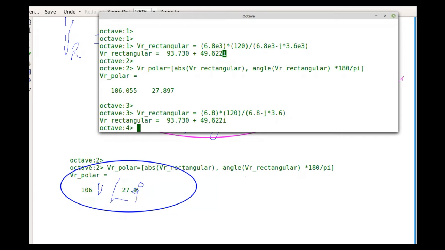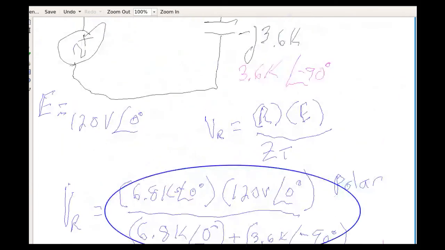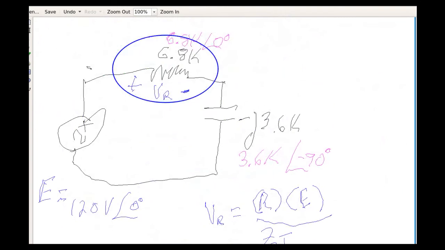Yes. Okay. That's the rectangular form, of course, and then you have to convert it. All right. So that was a voltage divider example with a simple series circuit, and that gave us the voltage across the resistor.